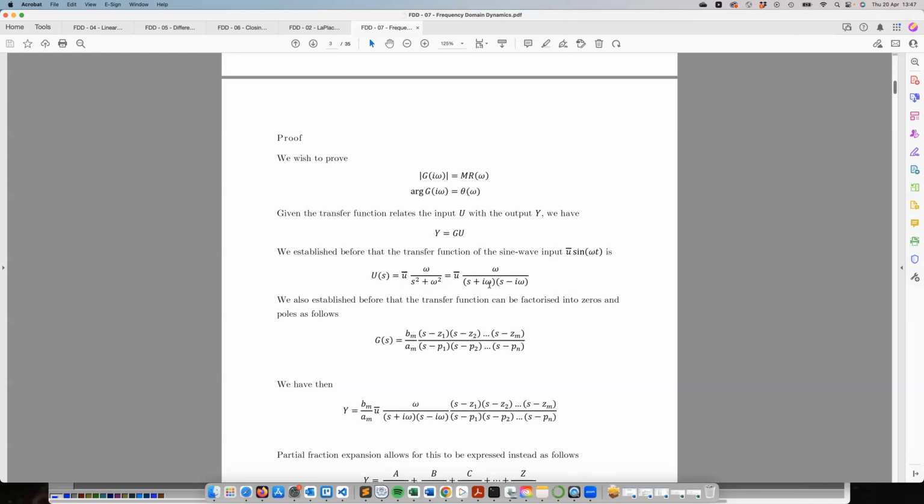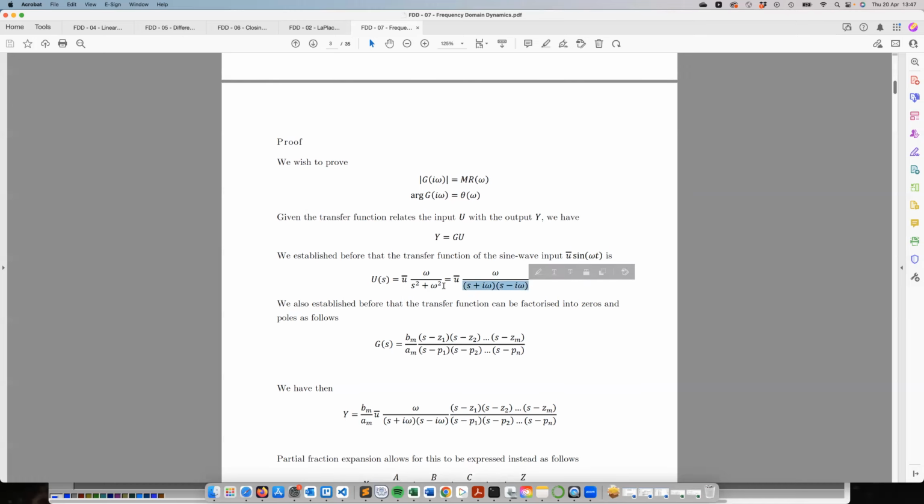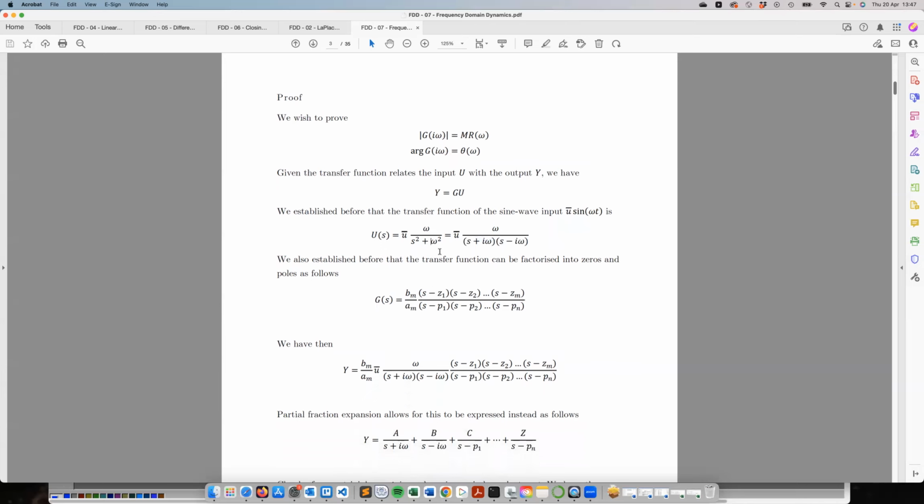And then you have minus i squared omega squared, and i squared is minus 1, so the minuses cancel, leaving us with omega squared. So just check you agree that this multiplication gives us s squared plus omega squared. Okay, so that's just the input side. Any questions or comments so far?